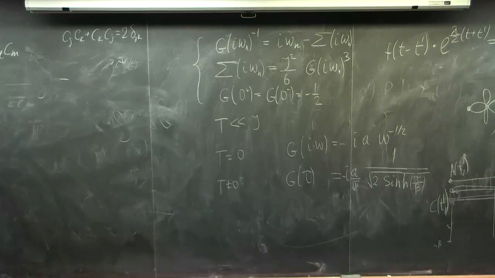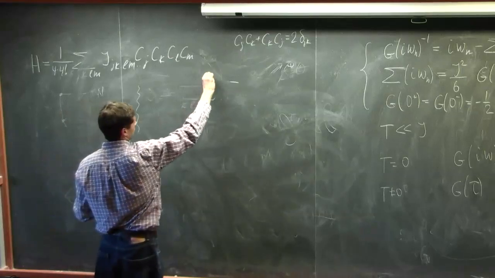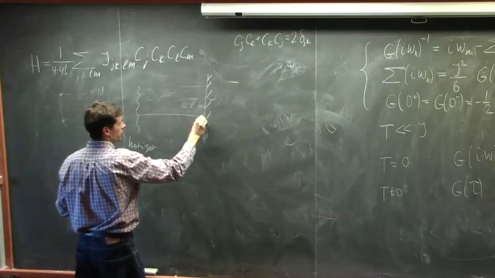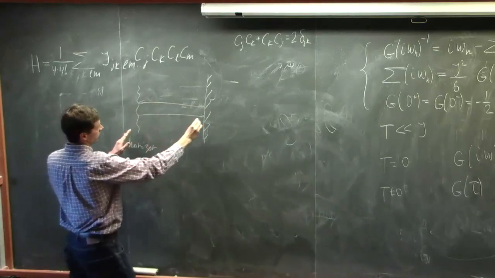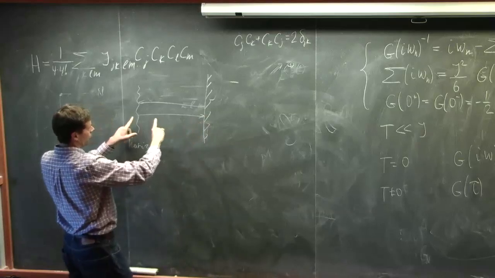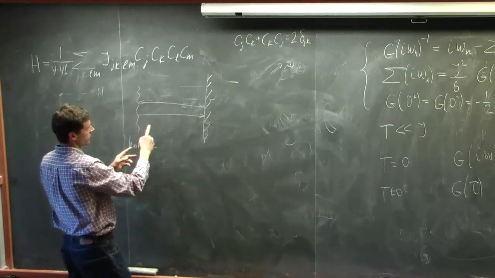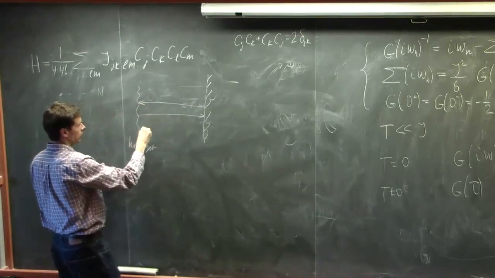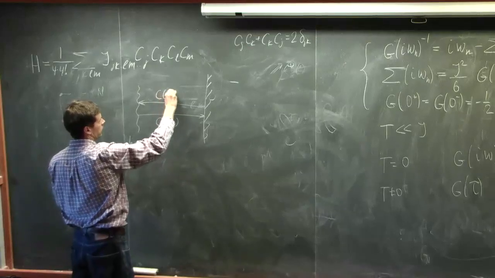Let me draw this picture. This is the horizon. And this is the mirror. And the signal propagates from the horizon to the mirror and back. And the correlation function on the mirror and on the horizon are related by some asymptotic coefficients, C of omega.